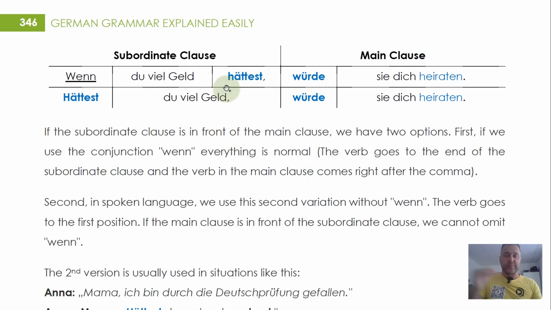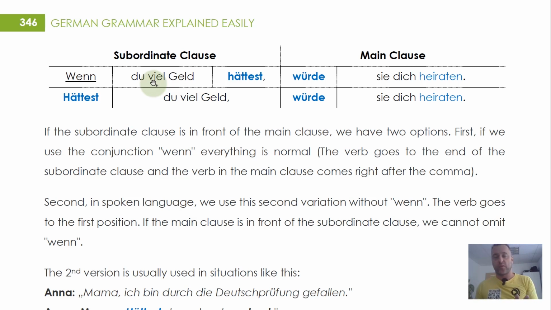But if we actually put the subordinate clause with Konjunktiv 2 in front, there could be a change. So for example, we could say, wenn du viel Geld hättest, würde sie dich heiraten. But you can also say, hättest du viel Geld, würde sie dich heiraten. So no wenn. This is actually something special with conditions. So that doesn't work always.